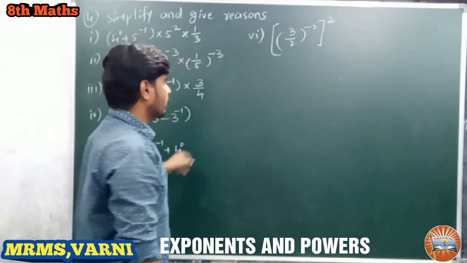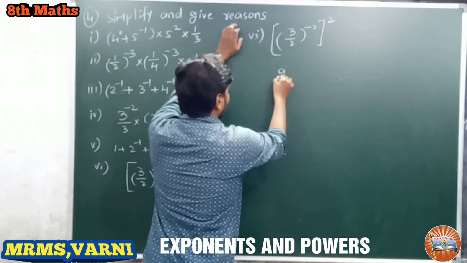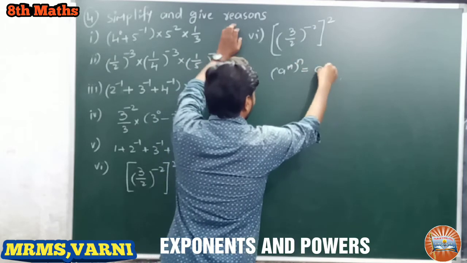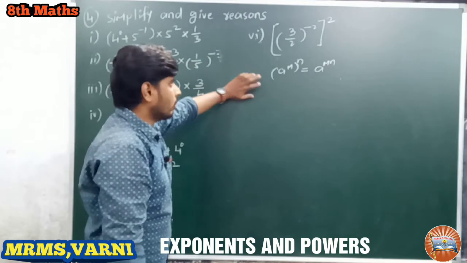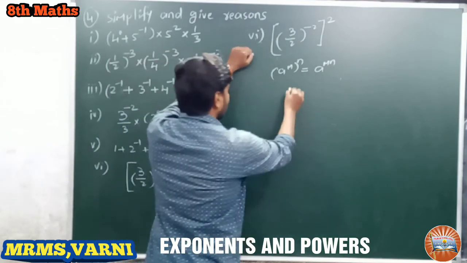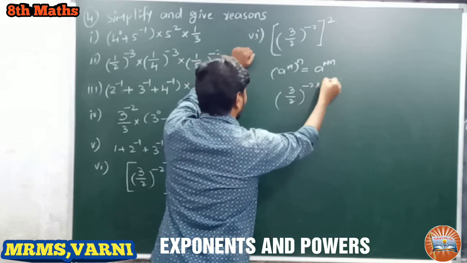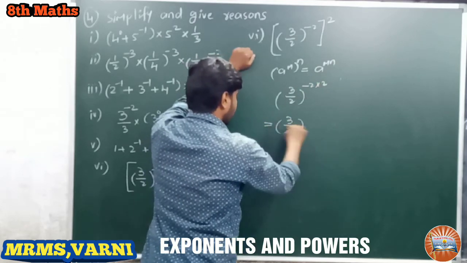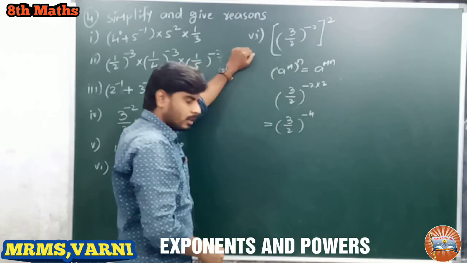Okay, right. So a power m whole power n we can write a power mn, isn't it? With the use of this formula, it becomes 3 by 2 whole power minus 2 into 2. This is nothing but 3 by 2 whole power minus 4, isn't it?